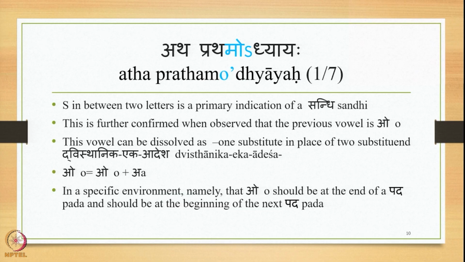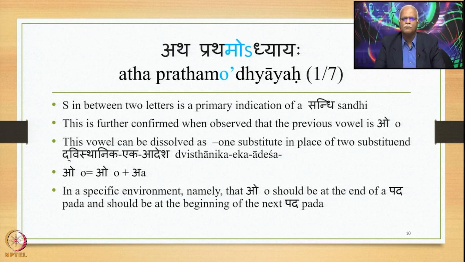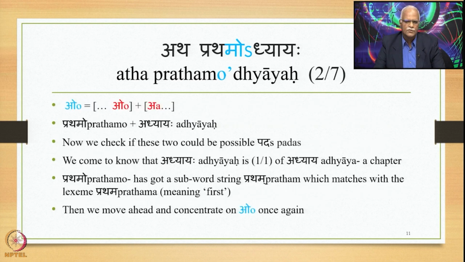In this particular environment, O can be said to be a combination of O plus A. So O is the substitute that comes in place of two substituents, O plus A. O is at the end of a pada and A is at the beginning of the second pada.